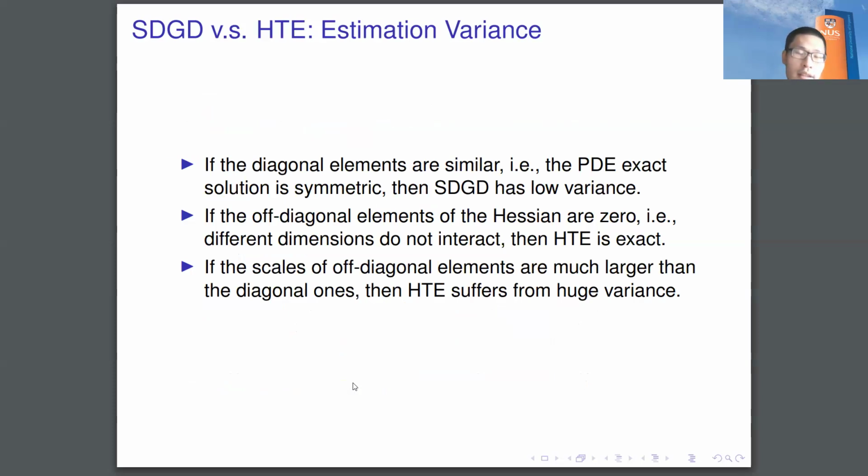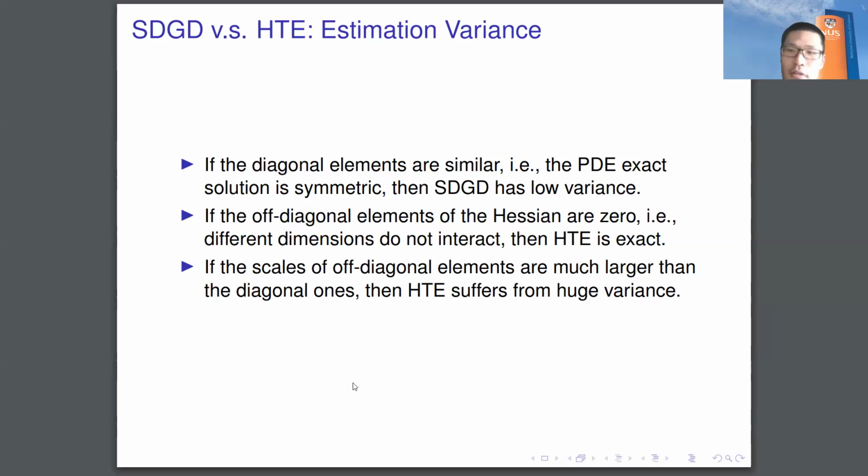On the other hand, if the off-diagonal elements of the Hessian are 0, which means that the different dimensions of the PDE exact solution do not interact, then HTE will be very accurate. HTE can also fail if the scale of off-diagonal terms is large. Since its variance comes only from off-diagonal terms, its variance can be large. In this case, SDGD will be better than HTE.